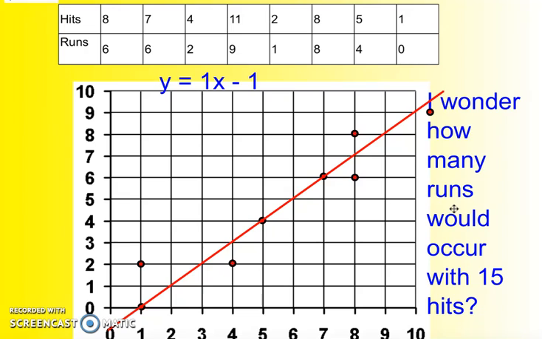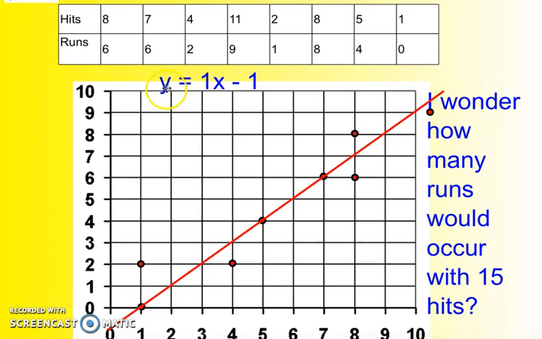Sure we could. Well, down here on this coordinate plane, remember this is called the x-axis, this is called the y-axis. So the x-axis is the number of hits, the y-axis is the number of runs.